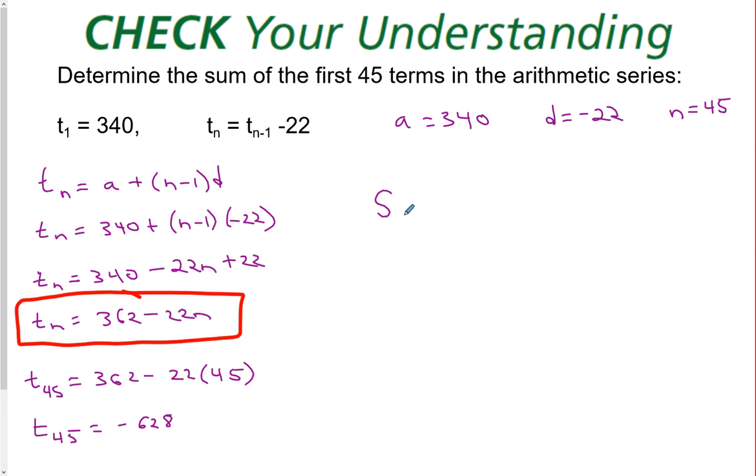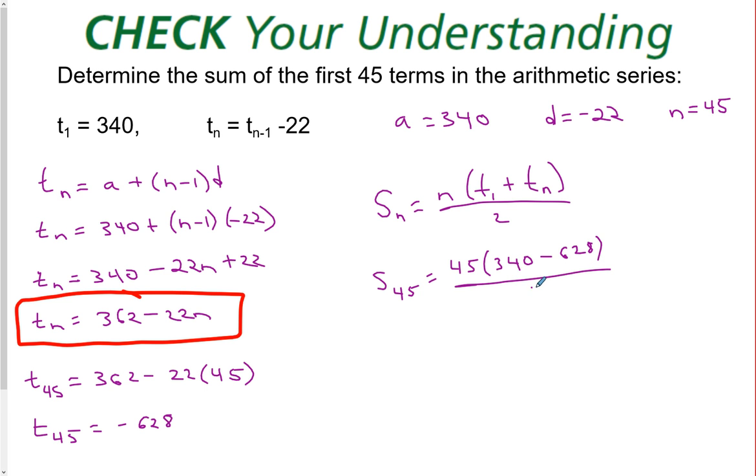I say, all right, my sum equation, one of the ones I can use is my first term plus my general term over 2. If I want the sum of all the terms up to term number 45, it's going to be 45 times my first one is 340 plus, well, I'm adding a negative number, so that's like subtracting, over 2.